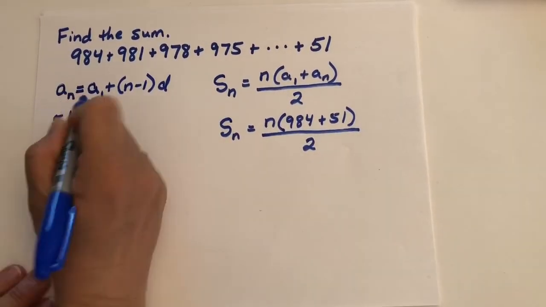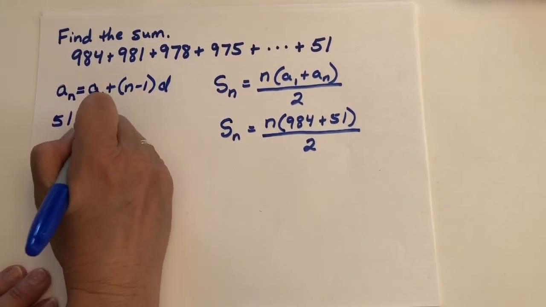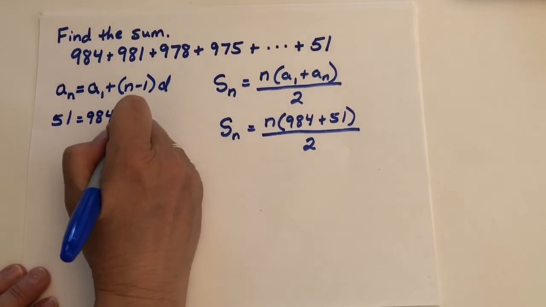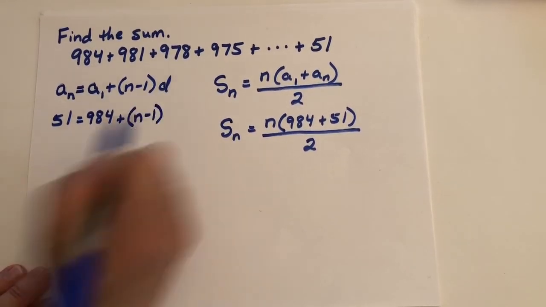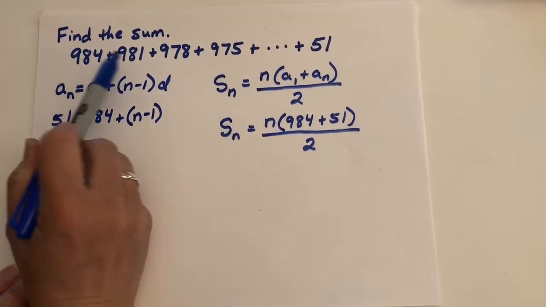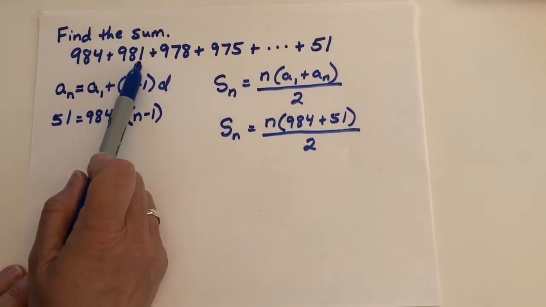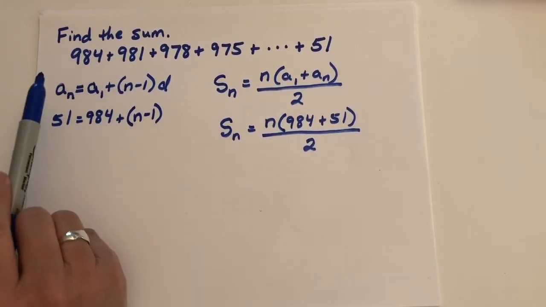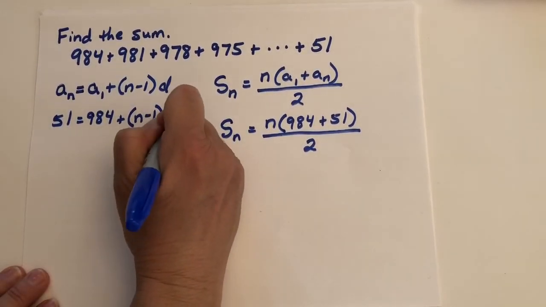We know the first term is 984. We don't know n, so we'll leave n minus 1 in there. And d, what was d? D is the common difference. Remember, you take one term and subtract the previous term. So our d value is -3.